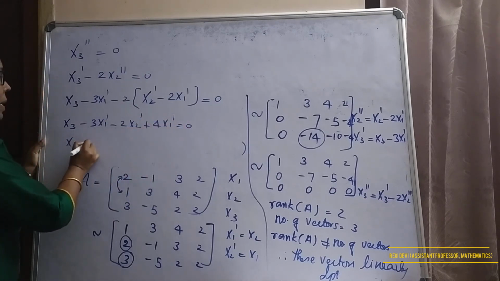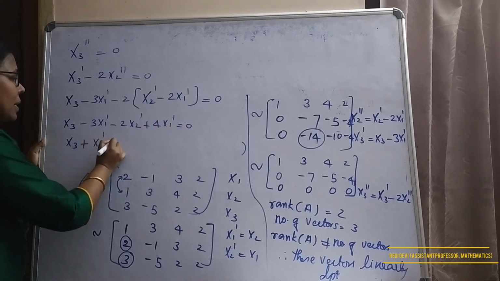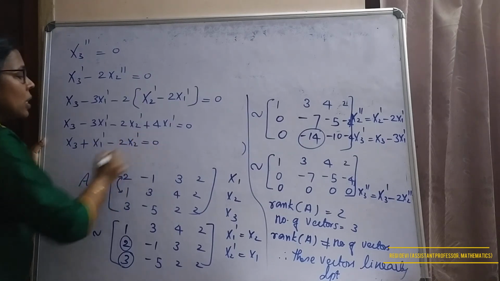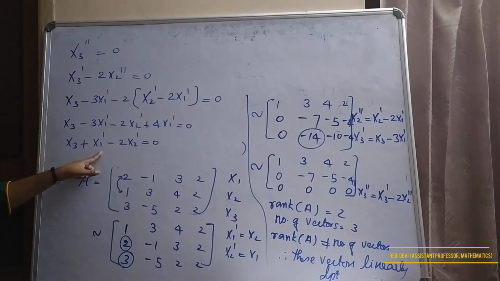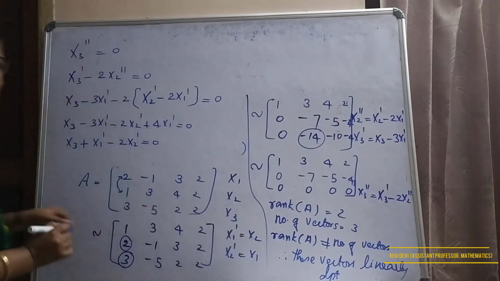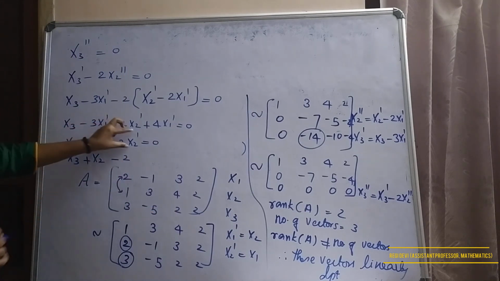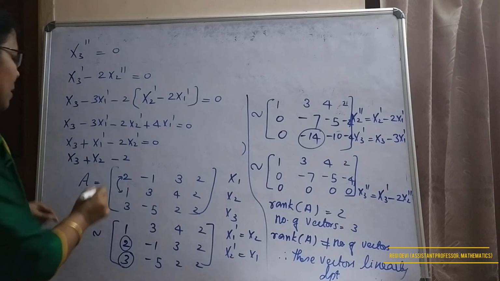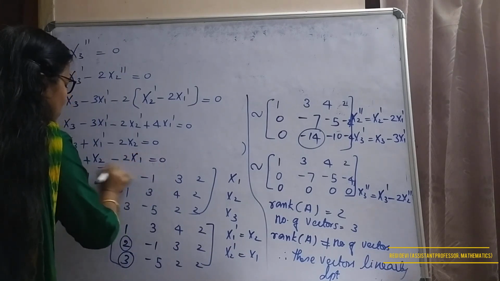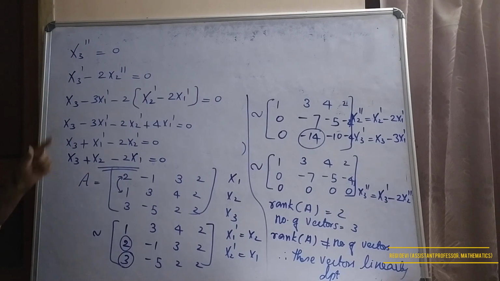That is x3 plus x1 dash minus 2x2 dash equal to 0. Now x1 dash is x2 and x2 dash is x1. So x3 plus x2 minus 2x1 equal to 0. Now we get a relation connecting these three vectors: x3 plus x2 minus 2x1 equal to 0. Okay, thank you.